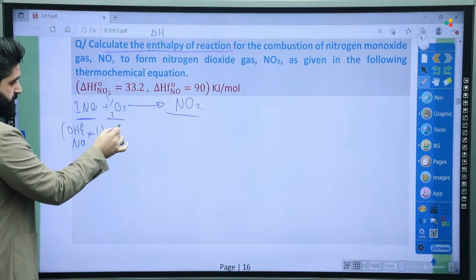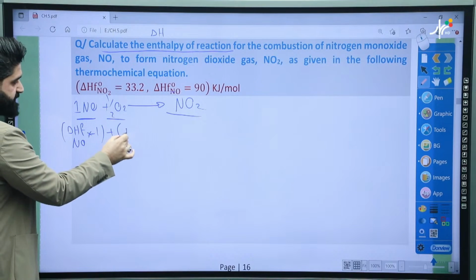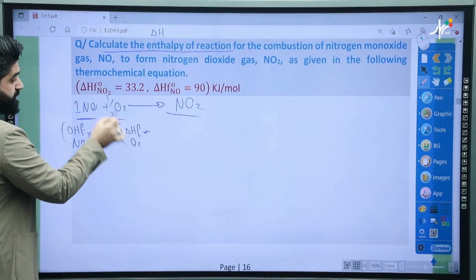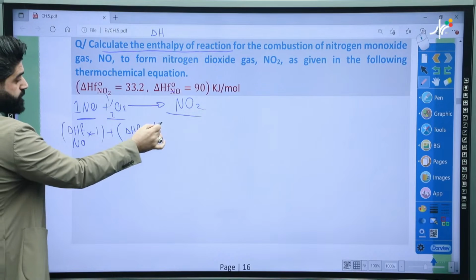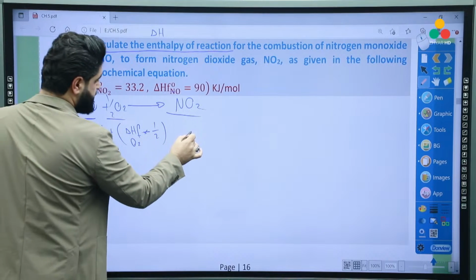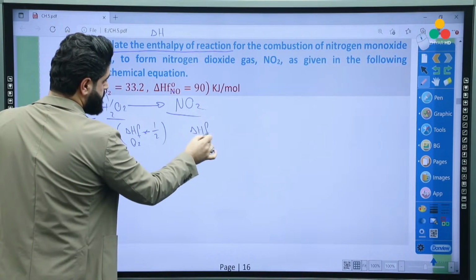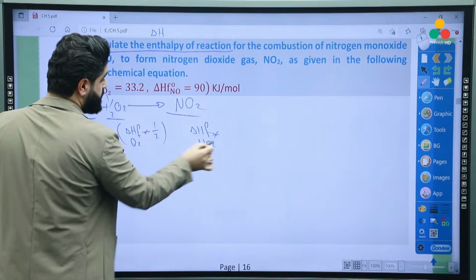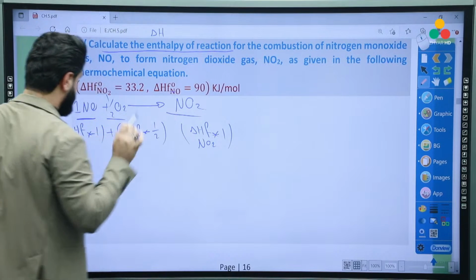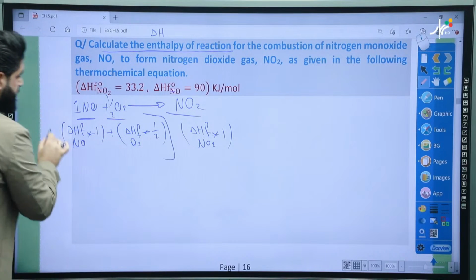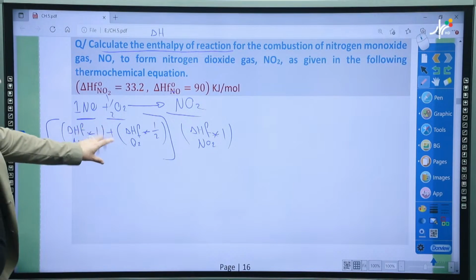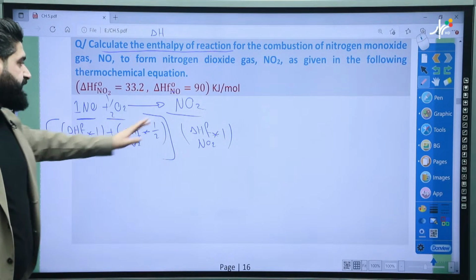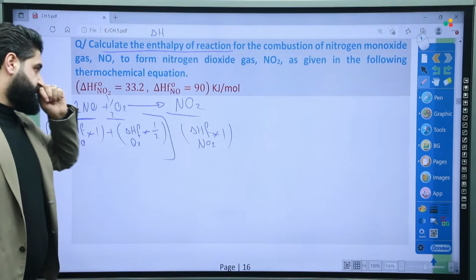Plus, open another bracket. Delta HF of O2 times number of mole, it's 1/2. Here, delta HF of NO2 times number of mole, it's 1. Close the bracket. So these are the sum of delta HF of reactants times number of their mole, and this is delta HF of the product.